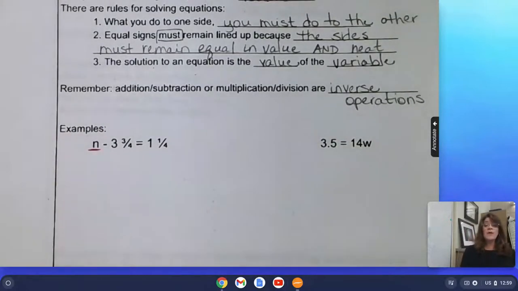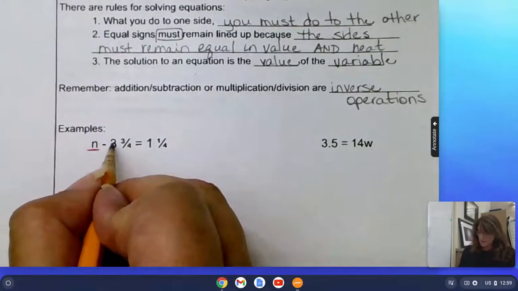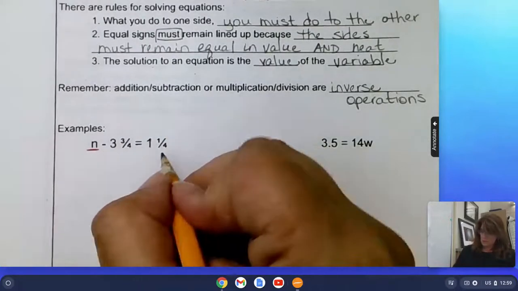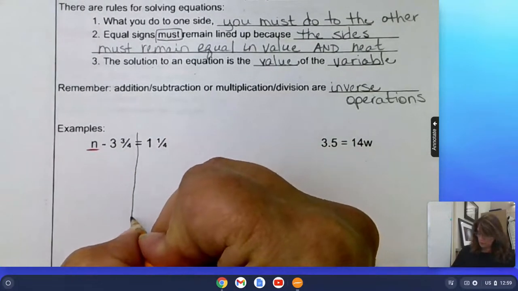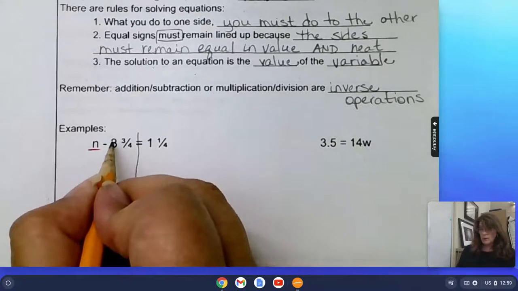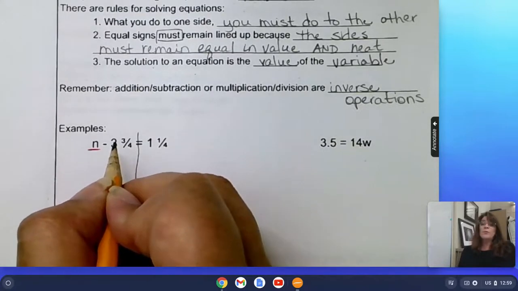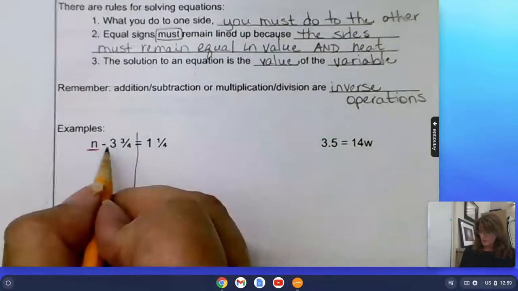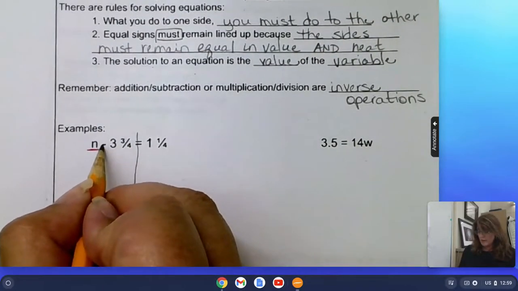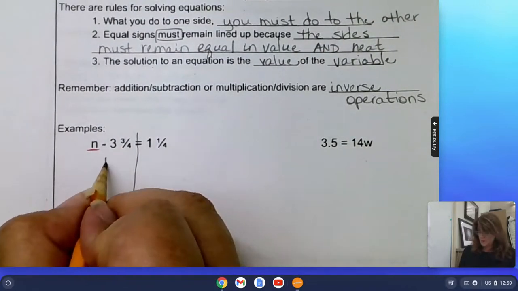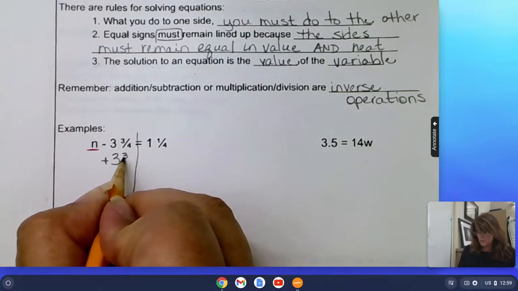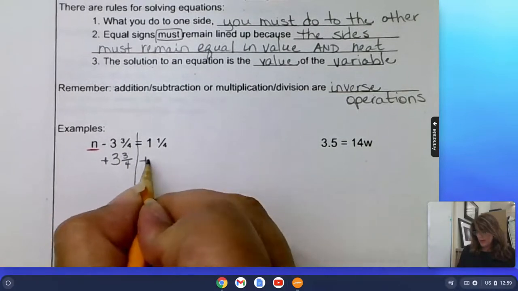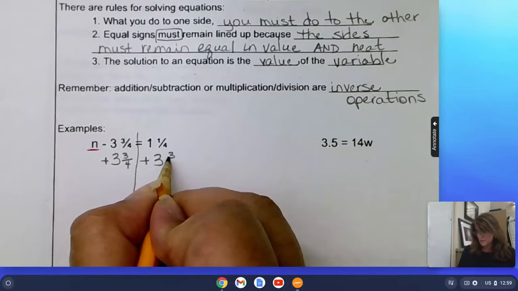In order to do that, we need to use inverse operations to move, not get rid of the value, but move it to the other side in a way that is still equal. So instead of negative 3 3/4, we're going to add it to both sides.